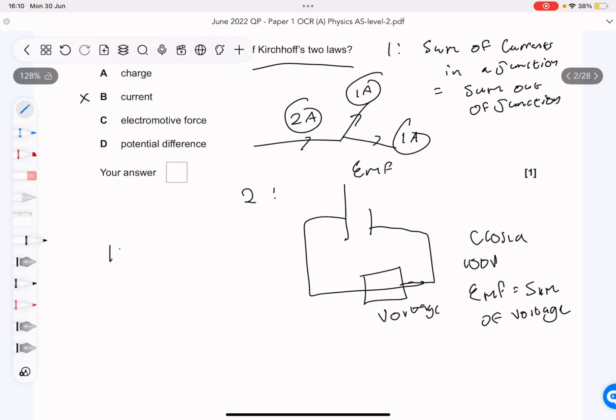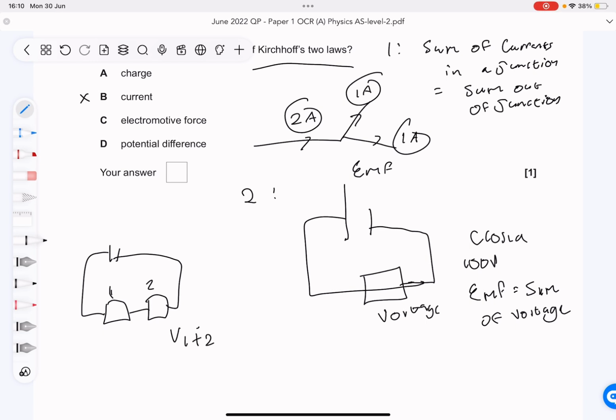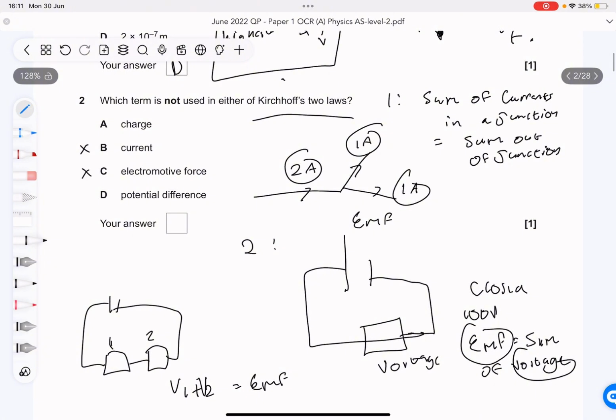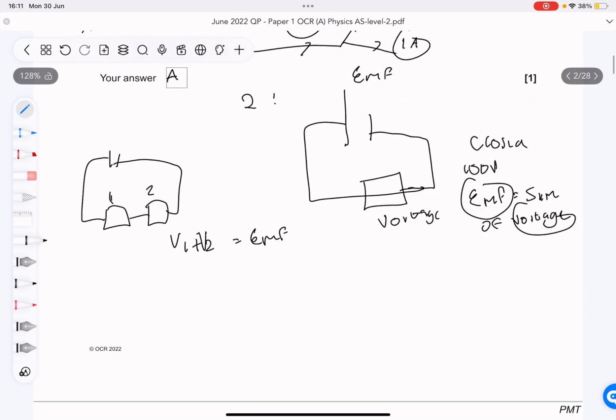If I had another circuit with 2 resistors instead of 1, let's call these 1 and 2, then the voltage of 1 plus the voltage of 2 equals the EMF. So anytime you have a closed loop in a circuit, the EMF equals the sum of the voltage drops across all the components. So what terms am I using here? I'm using EMF and I'm using voltage. So that's out. Potential difference is another way of saying voltage, so D is wrong. Therefore, A must be the correct answer. And that's question 2.